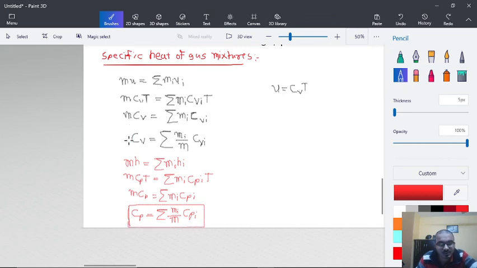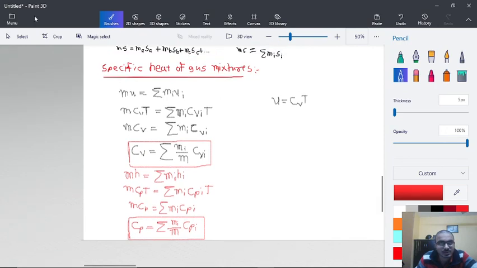These are the two equations: specific heat at constant volume and specific heat at constant pressure. Let's copy this work.